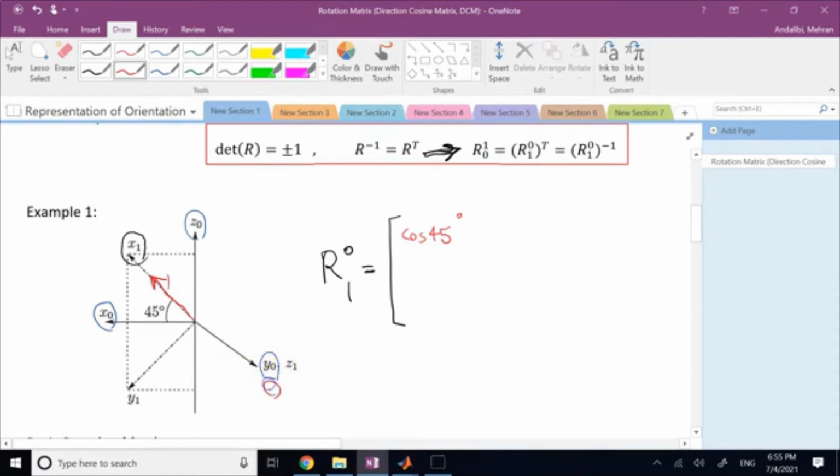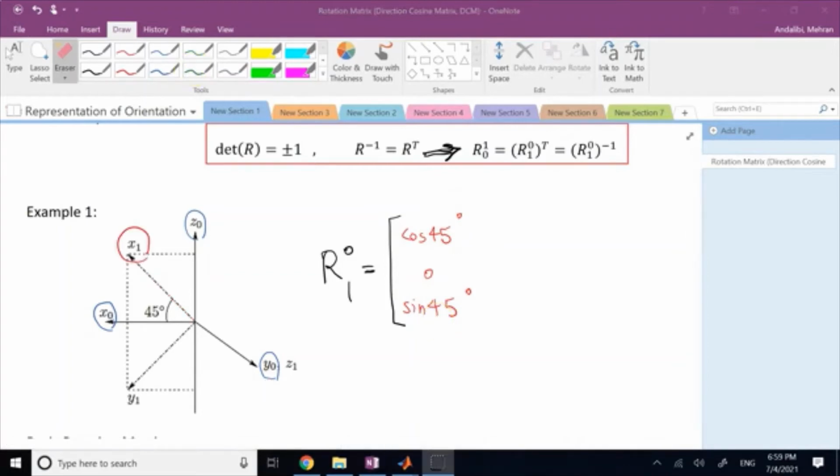These two are perpendicular, out of the board toward you. So x1 has nothing along y0 because they are perpendicular to each other. So we can write cosine of 90 if you want, or I would just write 0. Along z0, clearly this is sine of 45 degrees. Correct? So this is the projection of x1 along x0, y0, and z0.